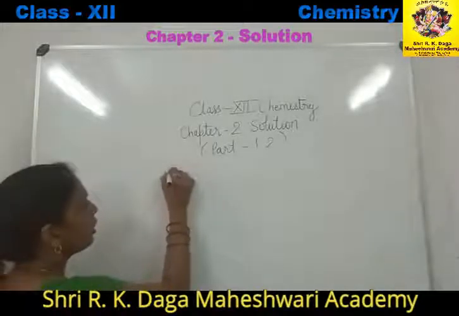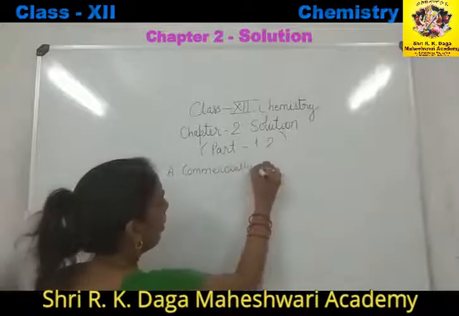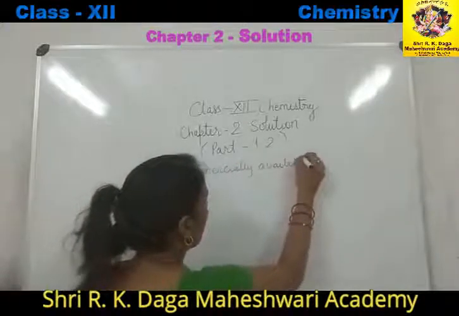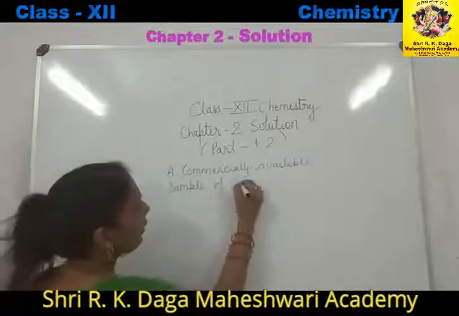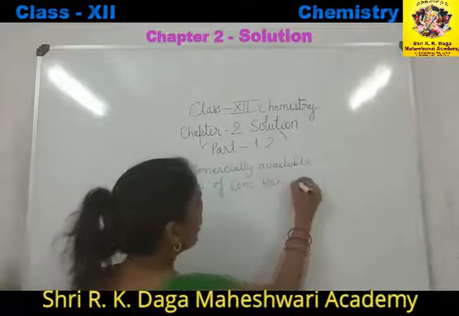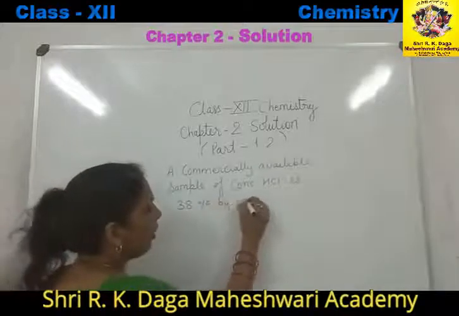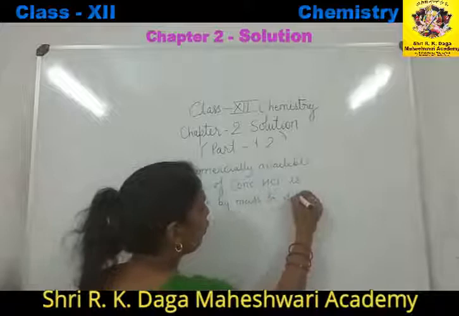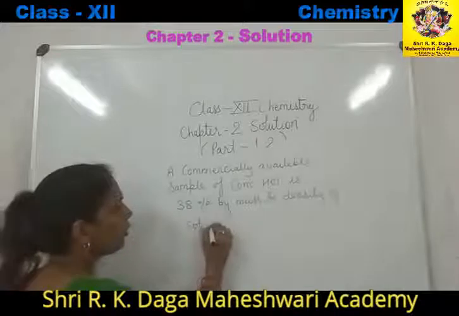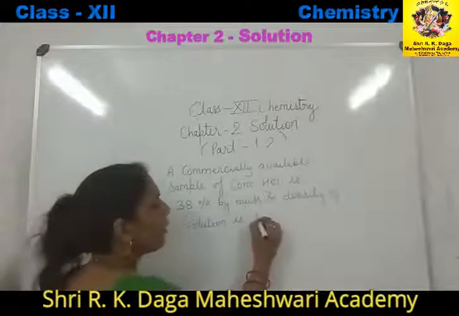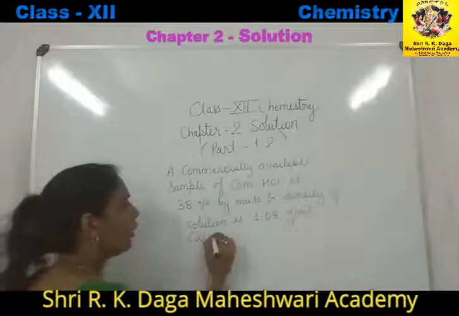A commercially available sample of concentrated HCl is 38% by mass, and density of solution is 1.09 gram per ml. Calculate normality of the solution.